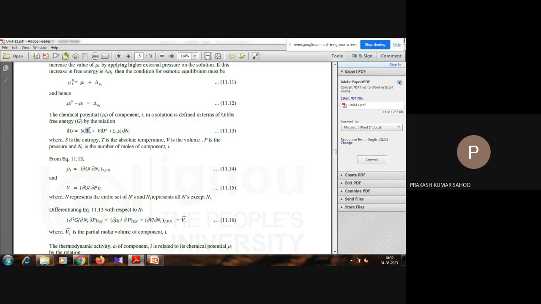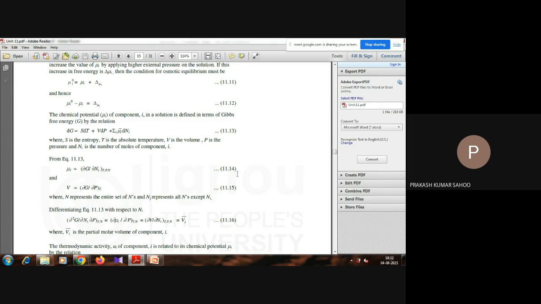T is the temperature, that is difference in temperature. V is the volume, and P is the difference in pressure. And here mu I is the chemical potential of ith species, and Ni is the number of moles of the component I. So this is a thermodynamic expression, that is dG equal to S dT plus V dP plus summation of mu I dNi.